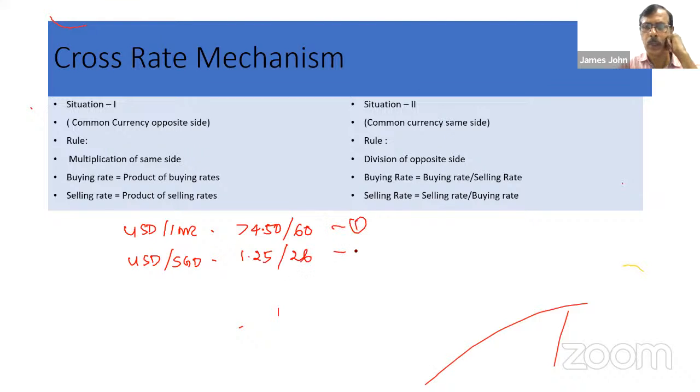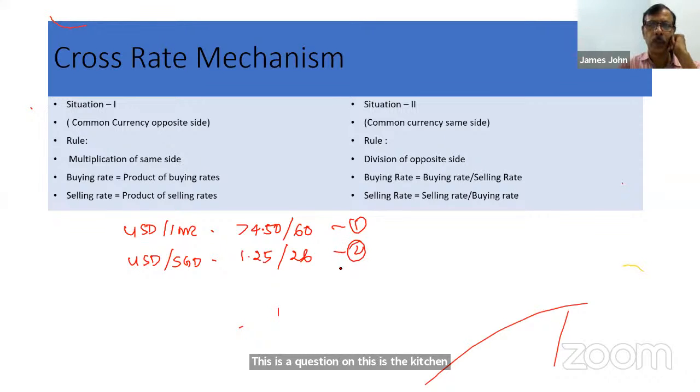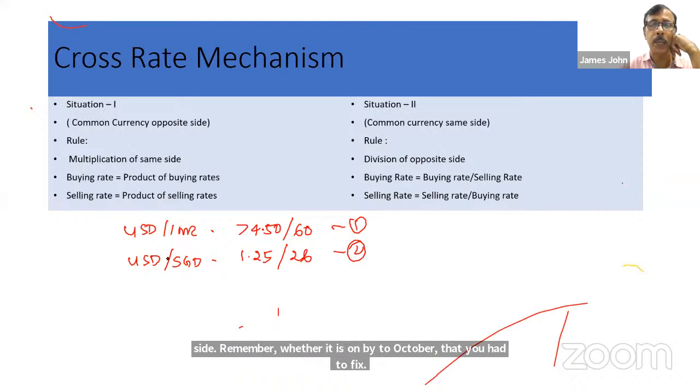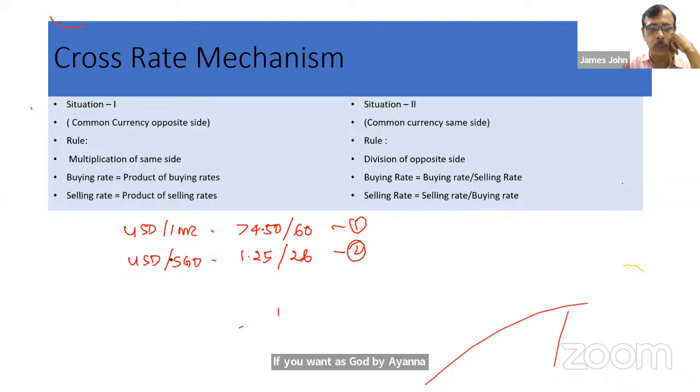This is equation 1. This is equation 2. Now, the common currency is on the same side, so look at the rule. The rule is division of opposite side. Remember, whether it is 1 by 2 or 2 by 1, you have to fix that. If you want SGD by INR, it should be 1 by 2. So 1 by 2 is the rule.